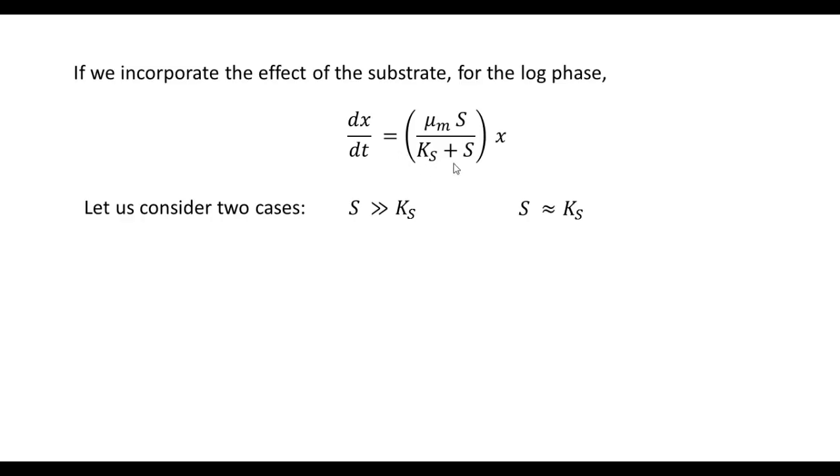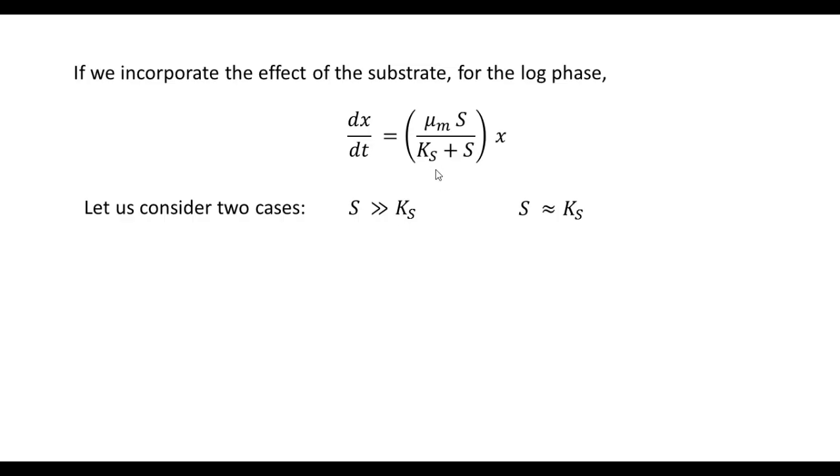Ks and S, they are added in the denominator. If S is much greater than Ks, let us say, just to illustrate, that Ks is 1 and S is 1000. Whether it is 1000 in the denominator or whether it is 1001 in the denominator, it is not going to make much of a difference to the value of this mu. So, you can very safely replace Ks plus S with just S alone if S happens to be much greater than Ks.